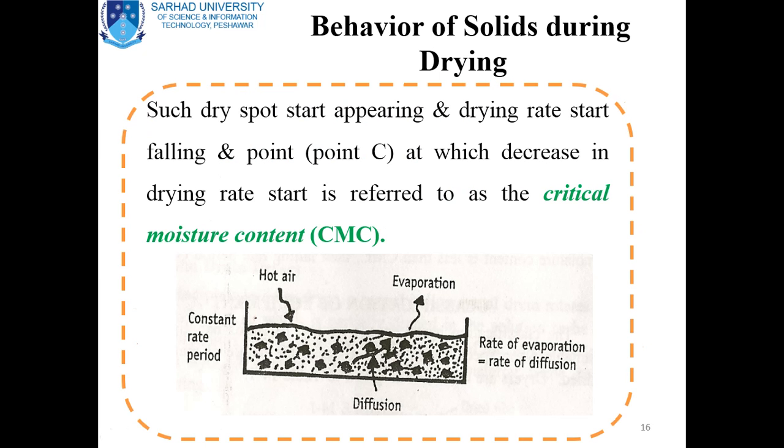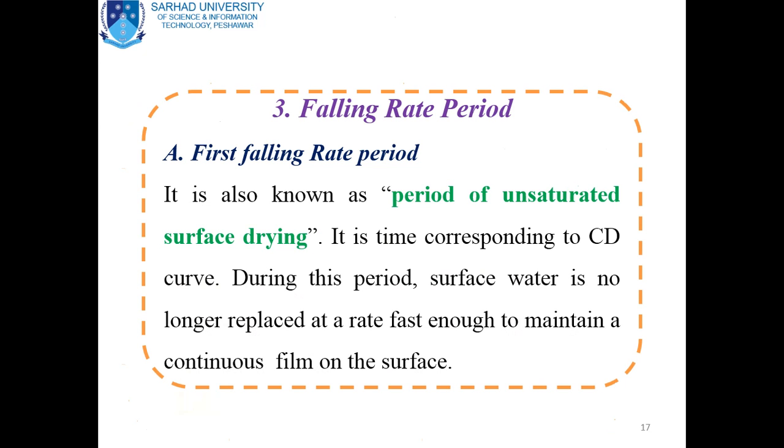As I have told you, the dry spots start appearing and the drying rate starts falling at point C and will drop. So this stage, the first falling rate period, is also termed as the period of unsaturated surface drying, because of the depletion of water content and no longer replacement of surface water fast enough to maintain a continuous film on the surface.